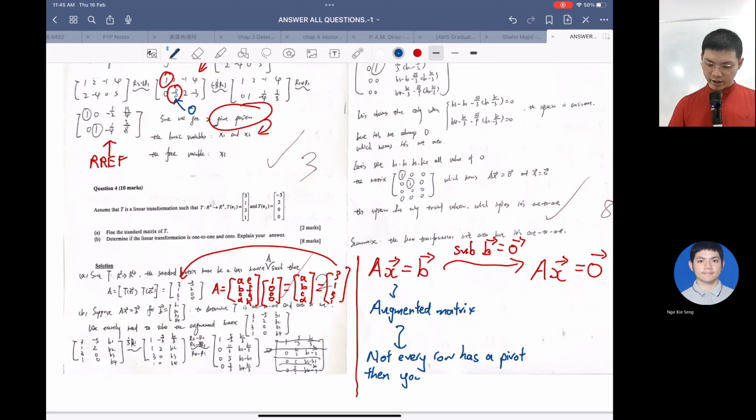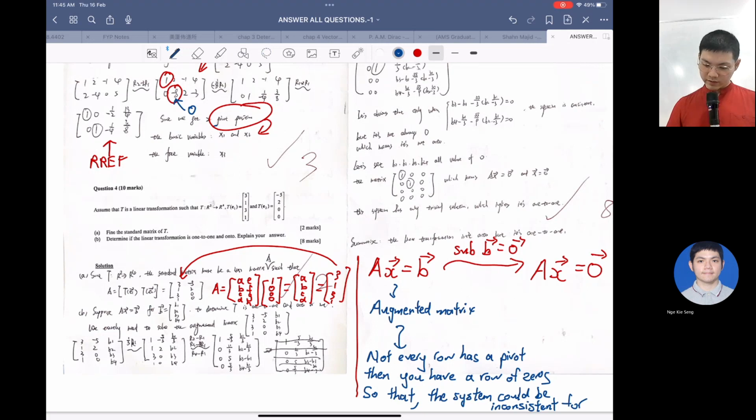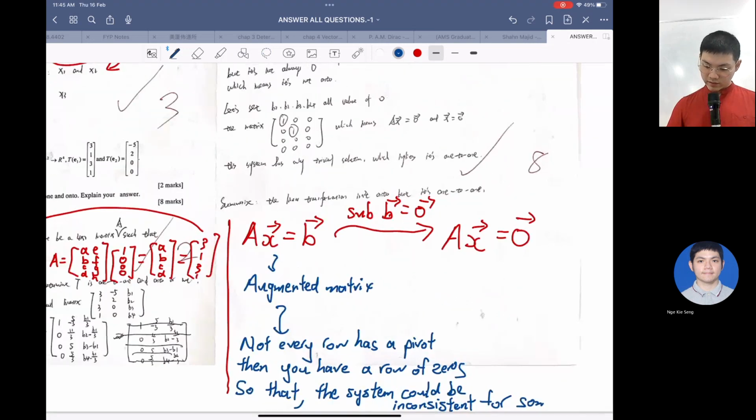This means that you have a row of zeros, so that the system could be inconsistent for some B. Meaning you cannot find a solution for some B. If you cannot find a solution for all B, then it is not onto.